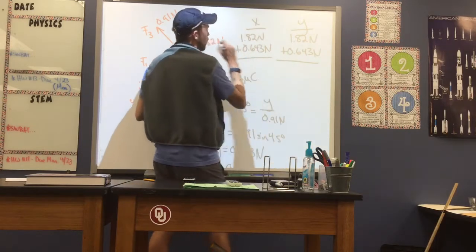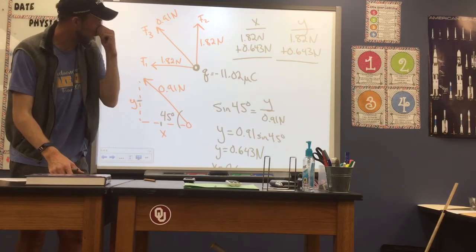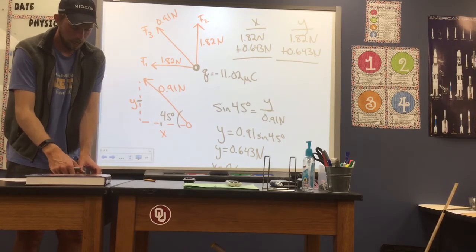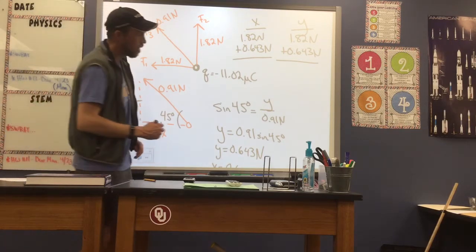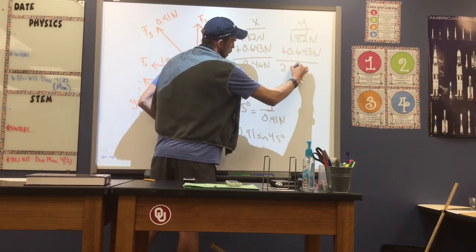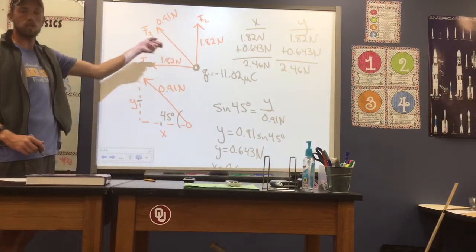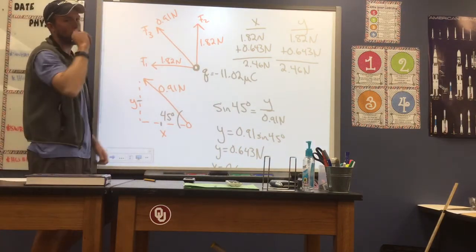So when adding these together, we're going to get about the same value. Okay? So 0.643 plus 1.82, not 182, is going to give us right at about 2.46 newtons. And what that tells us is that our negative charge experiences a force of 2.46 newtons left and 2.46 newtons up.